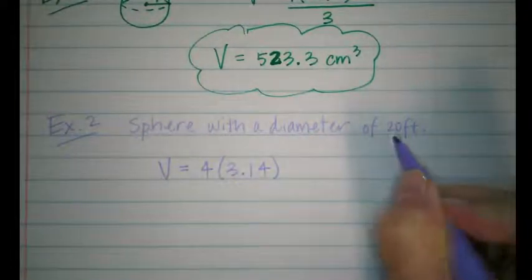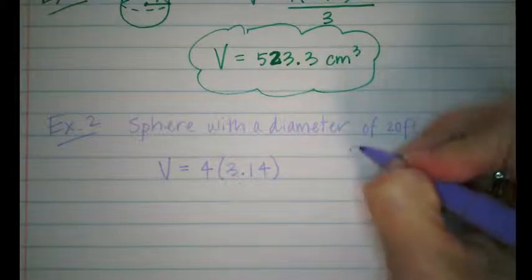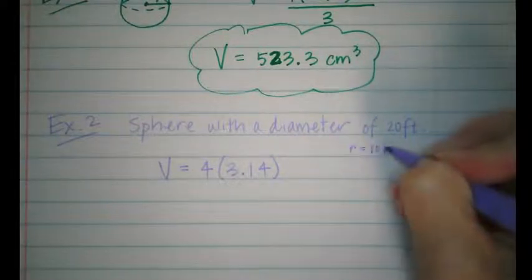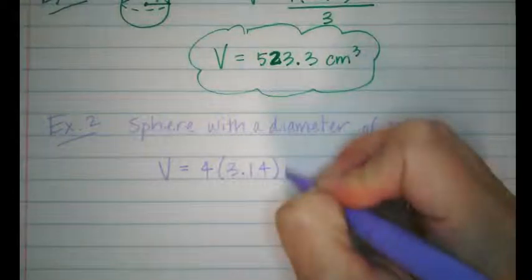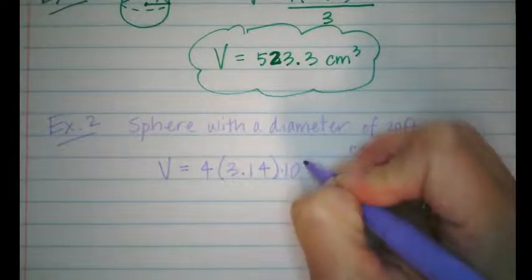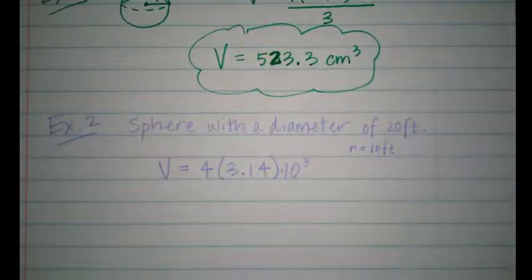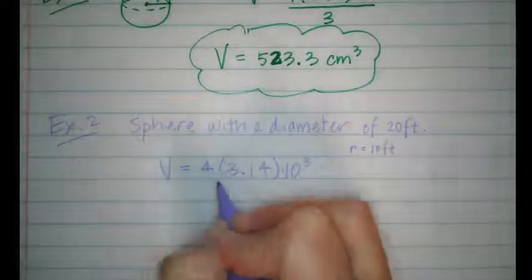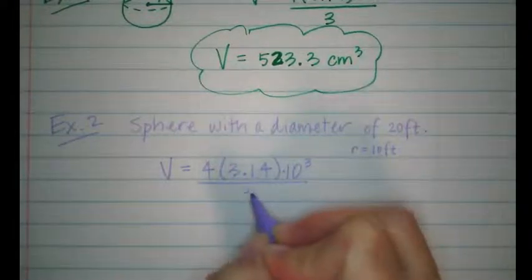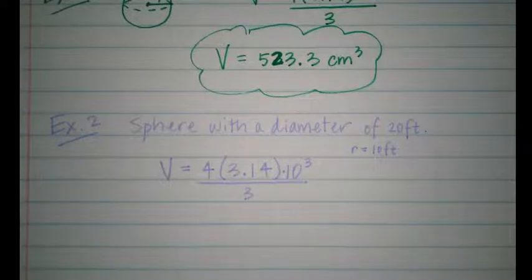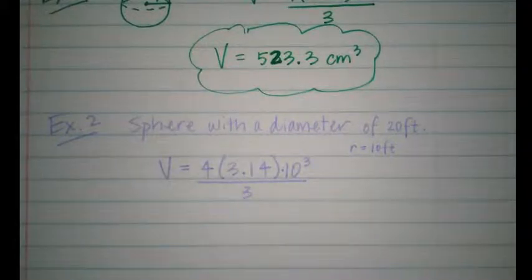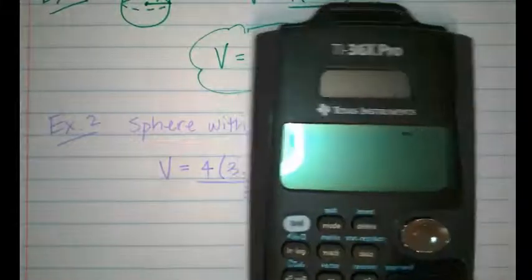Okay, so 4 times 3.14 times the radius cubed. So if the diameter is 20 feet, then we know that the radius is 10 feet. So we need to multiply this by 10 cubed. And then we need to divide the entire answer by 3. So there's our 4/3 right there again. So I'm going to go to my calculator.